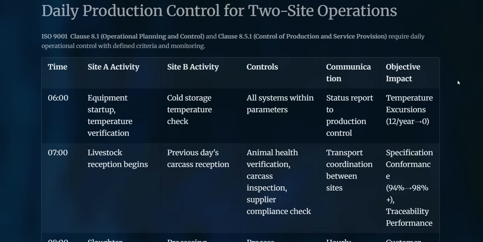The communication requirement here is status report to production control. The objective impact of this control is temperature exposure elimination. Currently we are at 12 excursions per year, and we want to eliminate them to 0.